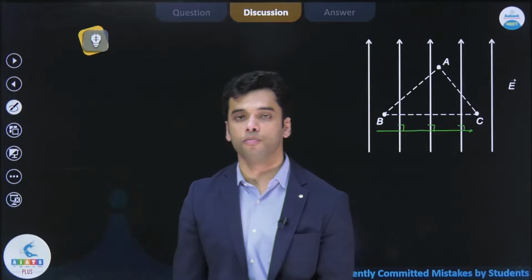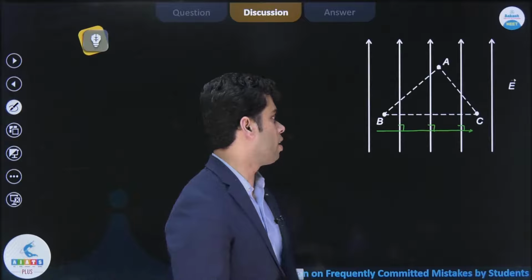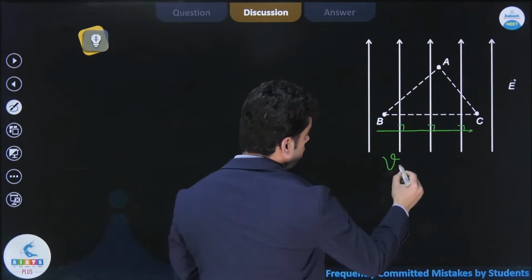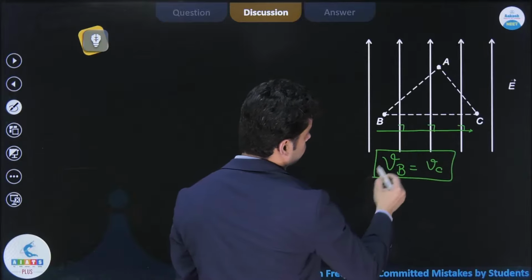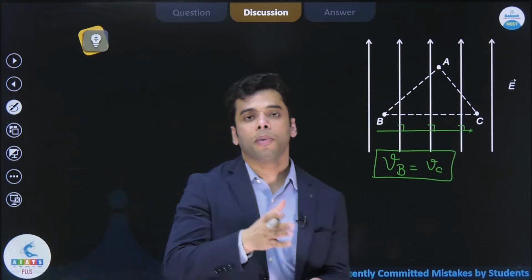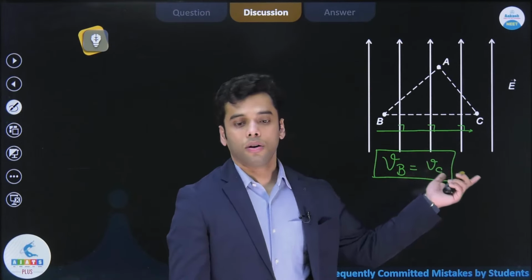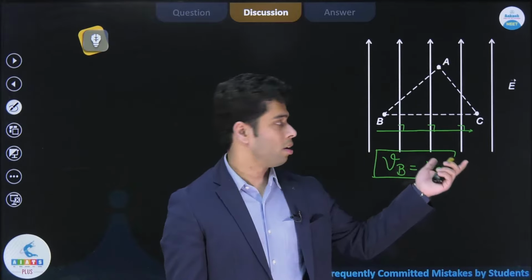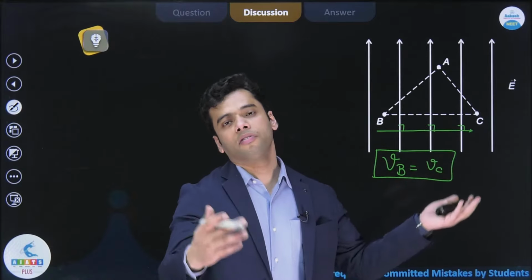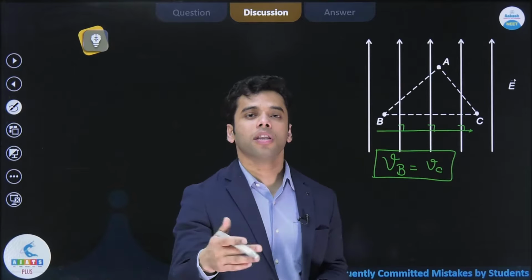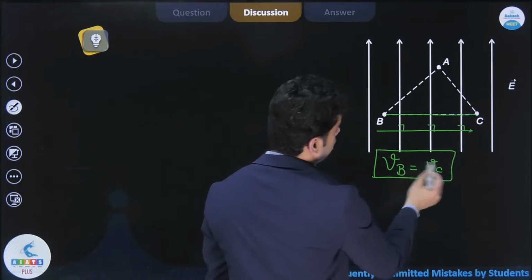It means that VB will be equal to VC. अरे, you are moving on an equipotential line. जब आप इलेक्ट्रिक फील्ड के परपेंडिकुलर मूव कर रहे हैं तो आपको कोई भी वर्क डन करने की जरूरत नहीं है. इस लाइन पे आप कोई भी पॉइंट पिक करेंगे उसका पोटेंशियल सेम रहने वाला है, यानी VB इक्वल टू VC.